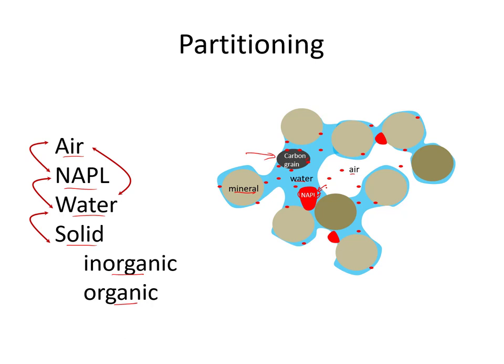So if these are molecules, then we can see that the molecules that form the NAPL are distributed all through this material. And if we have the concentration in any one of these phases as really a representative of how many molecules are in that phase, then we can take the ratio of the concentrations in these different phases relative to one another.